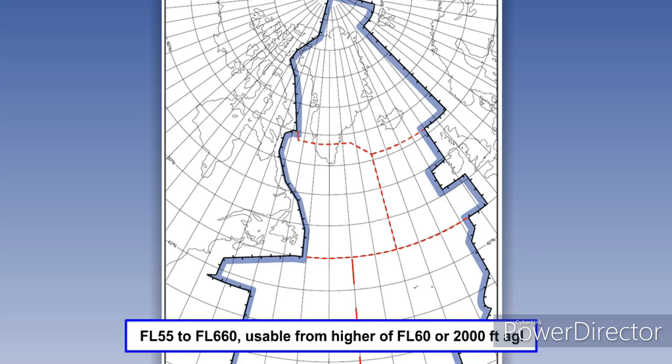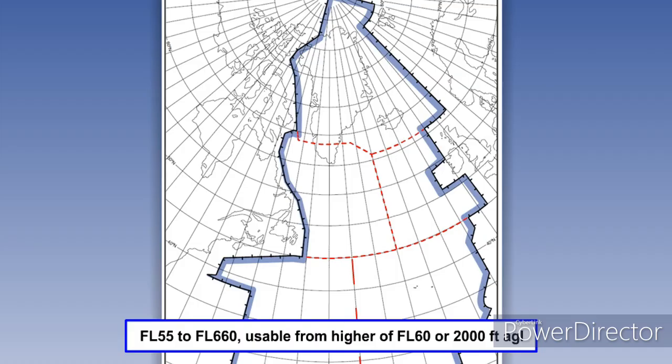The oceanic airspace is Category A controlled airspace, extending vertically from flight level 55, 5,500 feet, and usable from flight level 60, or 2,000 feet above ground level, whichever is the higher, up to flight level 660, 66,000 feet.